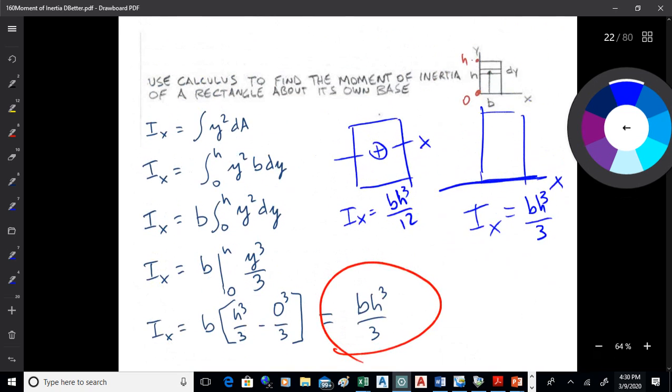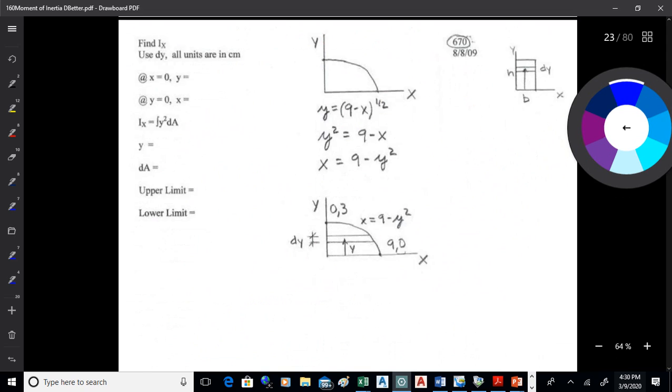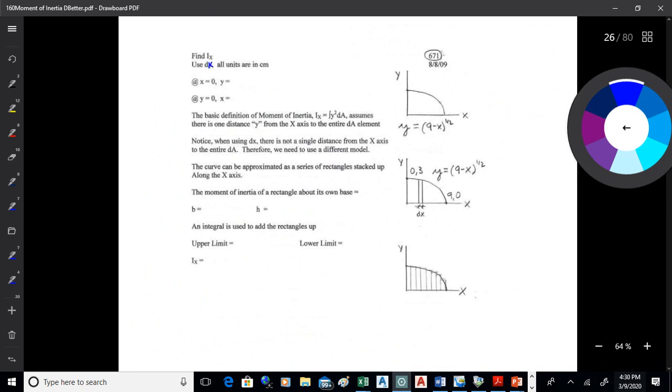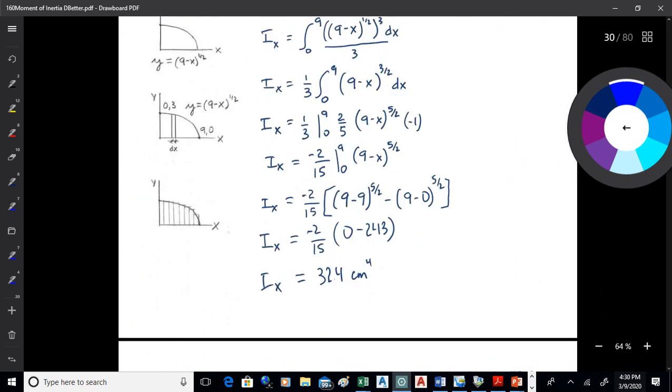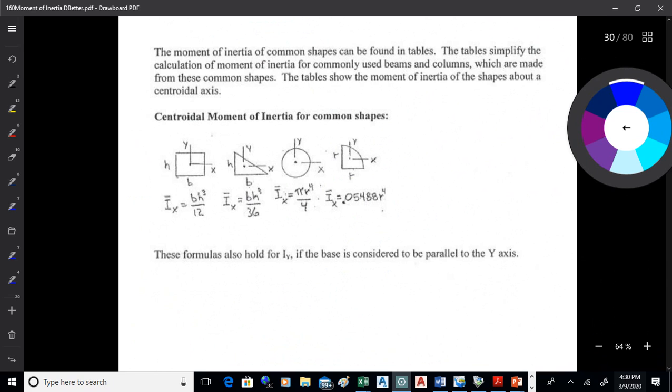All right. That's the basics of the derivation for a rectangle. We could do a lot of calculus, but it turns out people have done a lot of the calculus for us. So this is on your formula sheet. The moment of inertia of a rectangle is bh cubed over 12.